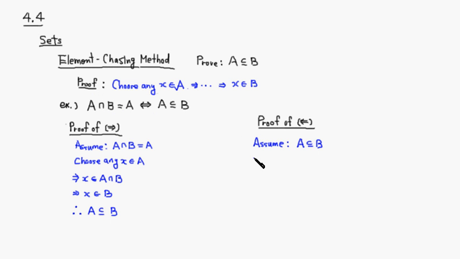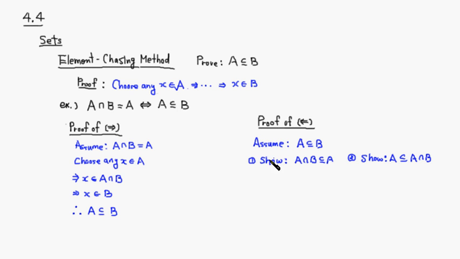So the first part is we want to show that A intersect B is a subset of A. Then the second part is we have to show that A is a subset of A intersect B. Alright, so let's do that.